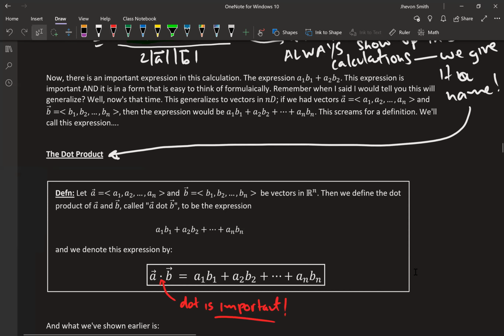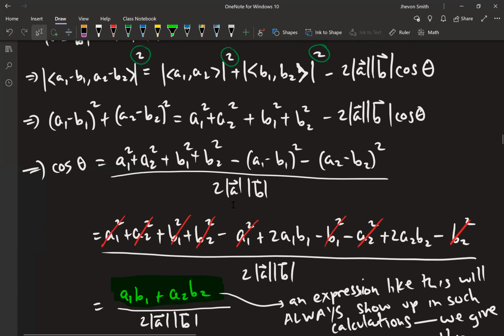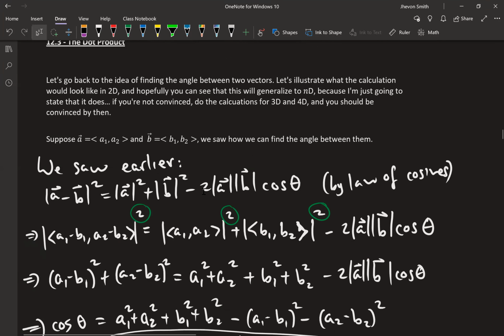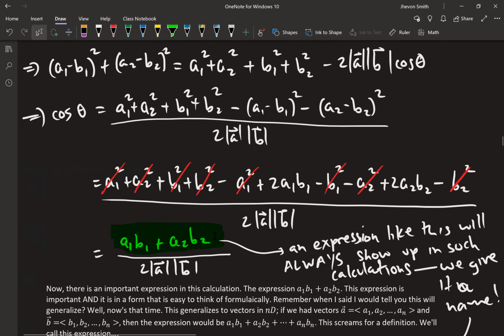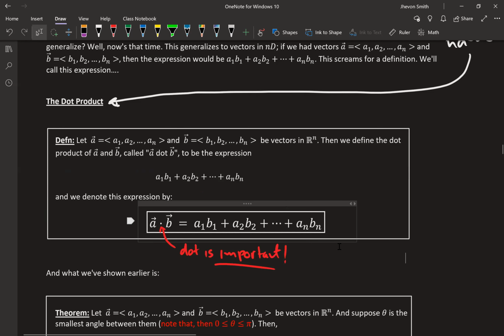Okay, so that expression, right? Now, normally people just tell you about dot product and then they give you that definition, but I wanted you to see where this guy actually came from. It came from us being concerned about finding the angle between 2 vectors. And it turns out every time you do that calculation, an expression like this shows up all the time. So might as well know about that expression in the first place.